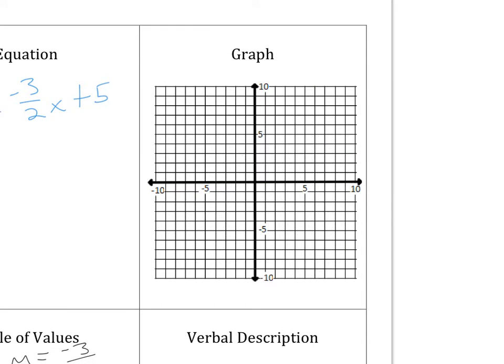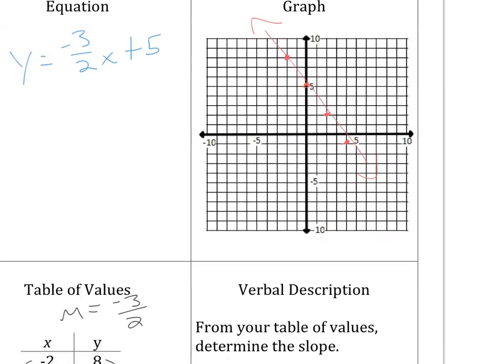Okay, positive 5, negative 3 over 2, down 3 over 2, down 3 over 2. We could go backwards. We could go up 3, left 2. Oh, I can't put another one on there because it would take me off of my graph. So 4 in this case is sufficient. And there's my line.